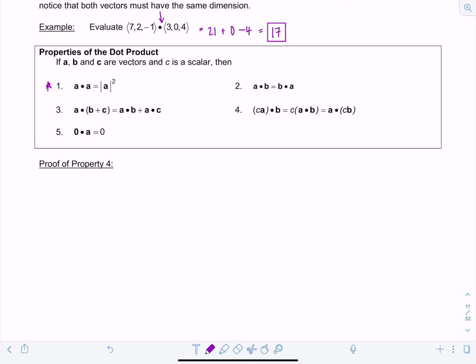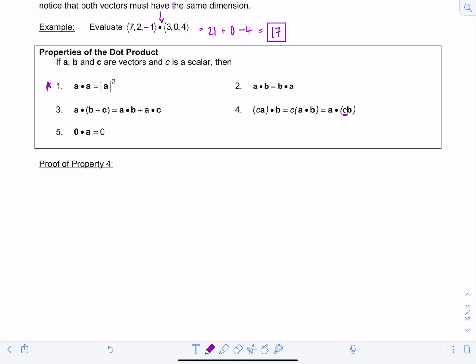Also, the dot product is commutative. So a dotted with b is equal to b dot a. That's property 2. Property 3, you can distribute the dot product over addition. Property 4, the associative property holds, as well as, here notice the commutative property. And then for 5, if you dot the 0 vector with a, you get back 0, the scalar.